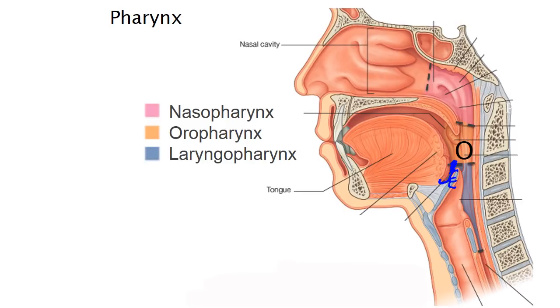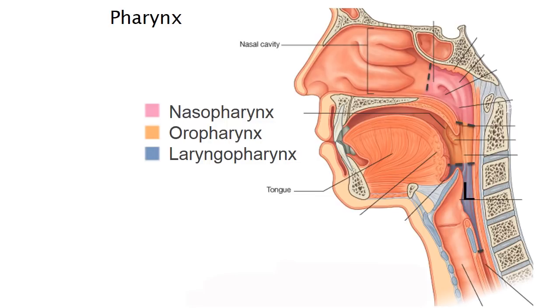The space on either side of the median glossoepiglottic fold, let's just say that blue line is that glossoepiglottic fold, there's a space on either side, and those spaces are called the epiglottic vallecula. Vallecula is spelled like that, and I believe the plural will add an E on the end. So there's two epiglottic valleculae, one on either side of that median fold.